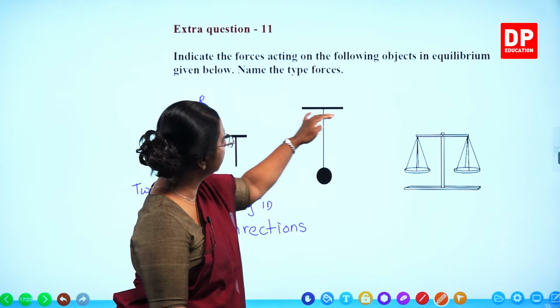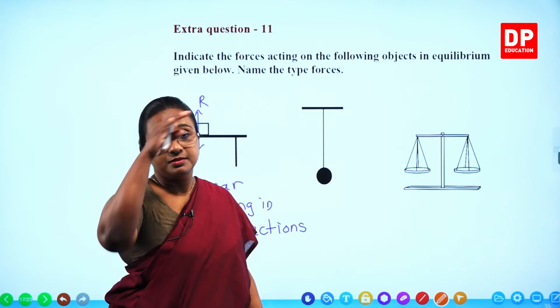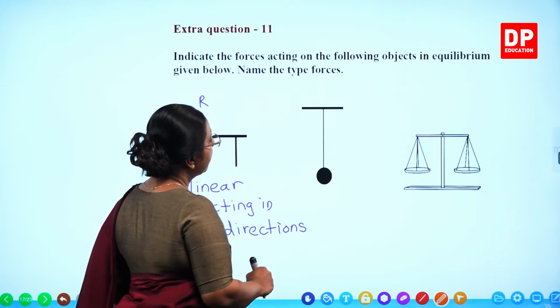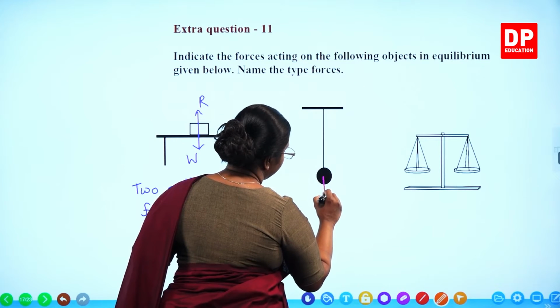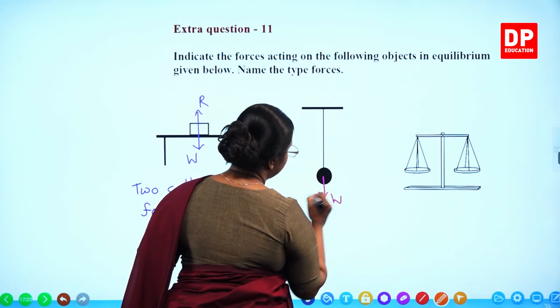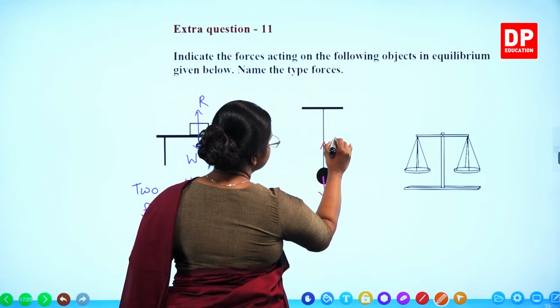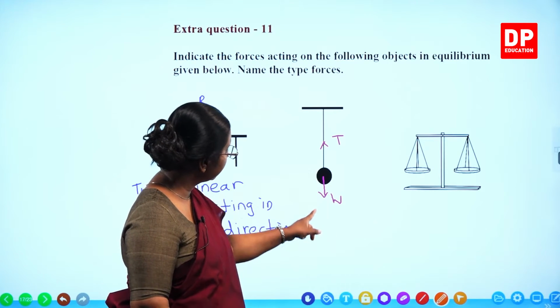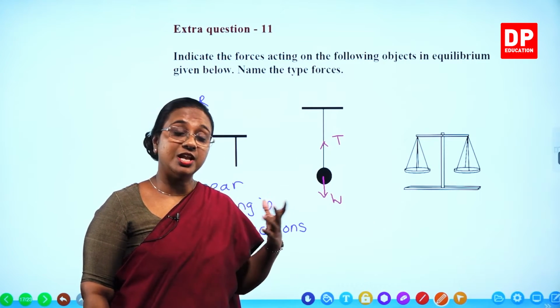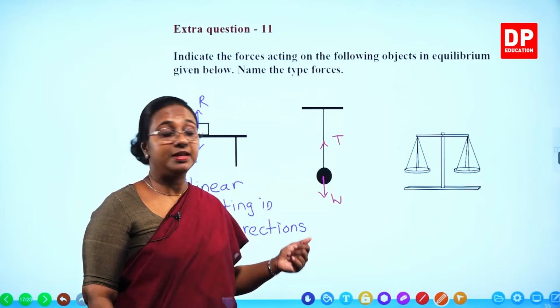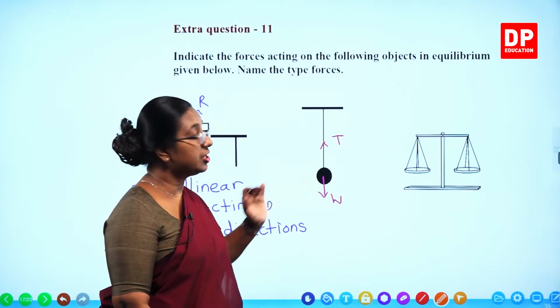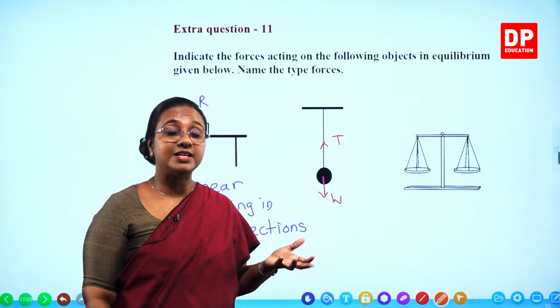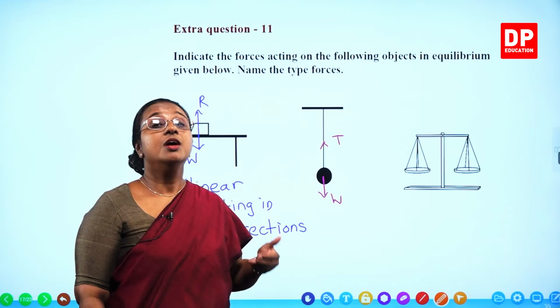using a string from a certain surface. So there what happens? The weight of the metal ball again acts downwards and there is the tension acting upwards. Again, they are equal in magnitudes, then only the object will be at equilibrium. Same line of action, opposite in direction. So what is the type of forces?